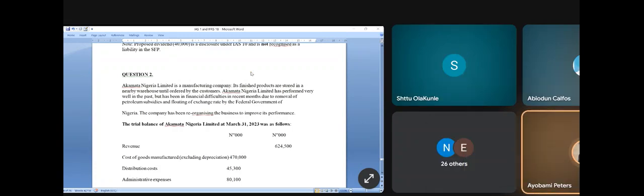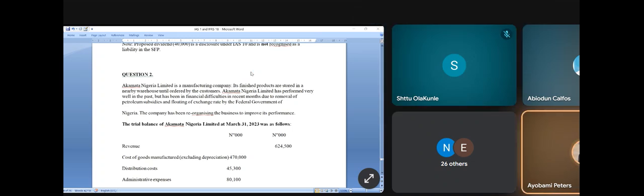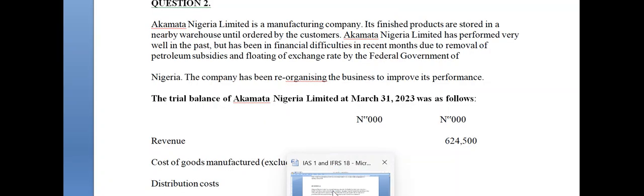When there is revaluation loss, the treatment is, if it's the first-time revaluation, you debit your P&L and credit the PPE. But if it's the second or a subsequent one, first of all, check if there is a revaluation gain before now.